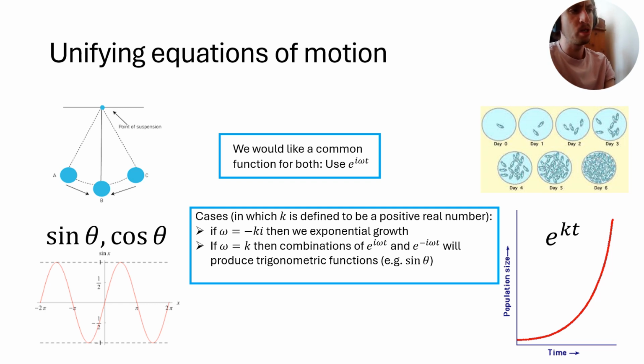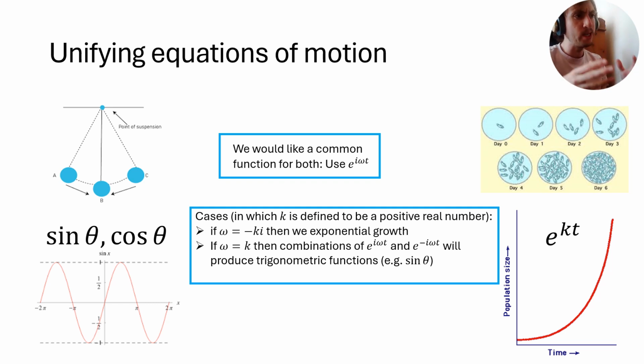So the sine and cosine functions are really combinations, if you like, of functions in the complex plane. Or we can think of it as a whole function in the complex plane that happens to also reduce to a real function.